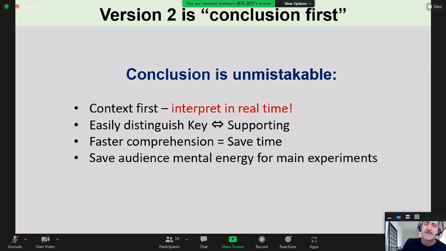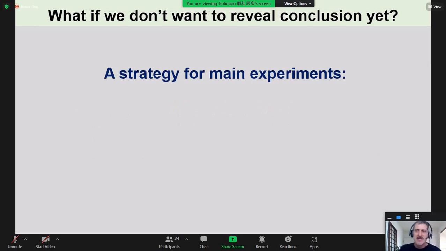It would be nice if our audience can do that for every experiment in our presentation, but humans are limited with our energy. So for key experiments, we might actually choose a slightly different strategy. The reason is, if you give 100% of the conclusion first, of course you do create a bias in the way that we view the data.